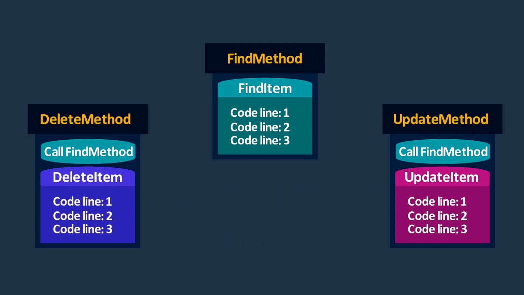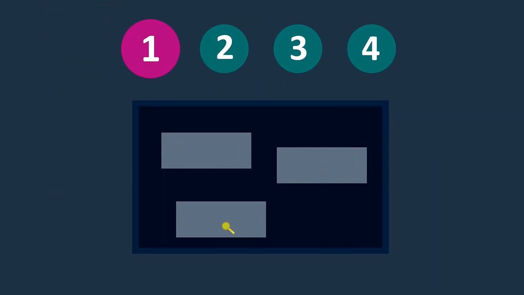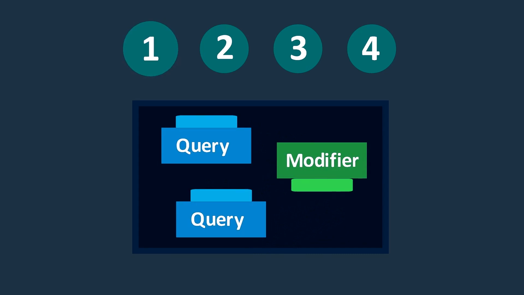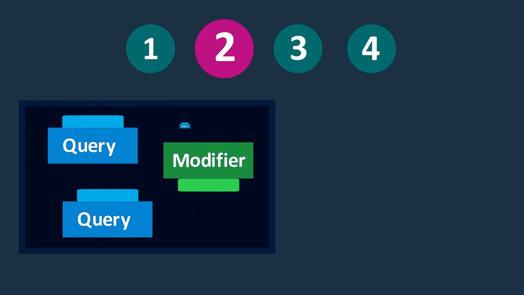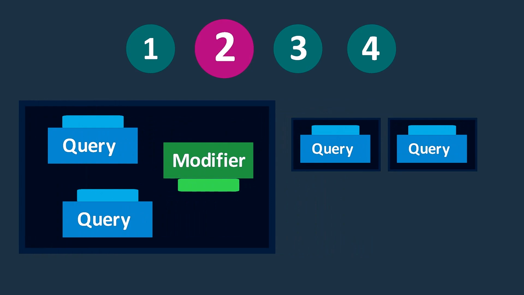Okay, but how can we implement this technique? Analyze the code and identify the parts that retrieve information and the parts that change the object's state. Extract the queries into separate methods.